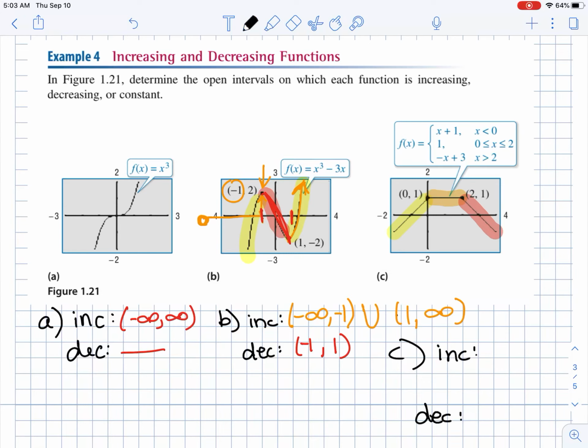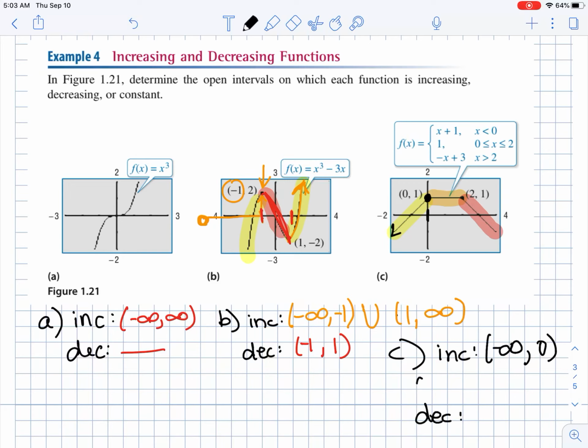So let's list where we are increasing. Remember, this is going to go from left to right. We always go from the smallest value of x to the largest value of x on the increasing interval. And we're increasing from -infinity to this point right here, which is that x value of 0.